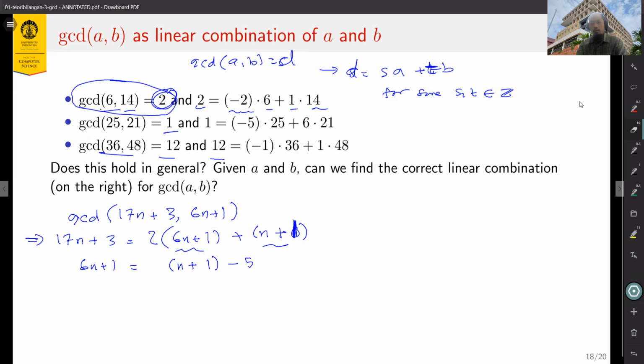Hold on a second. No, this is fine. 6n plus 1. Now, okay, let's see.